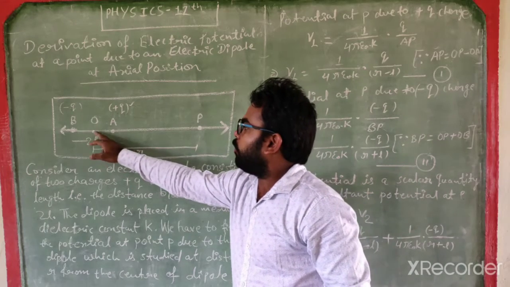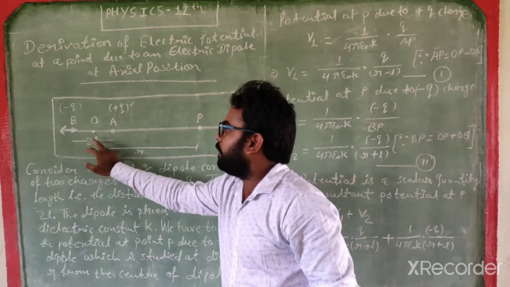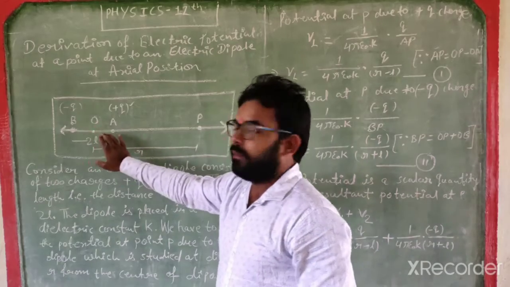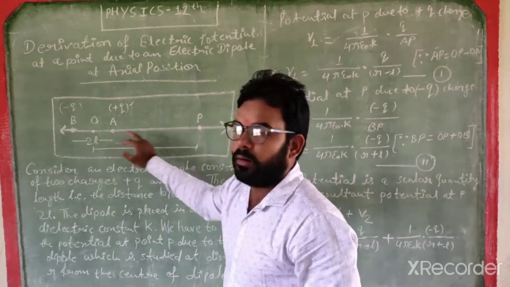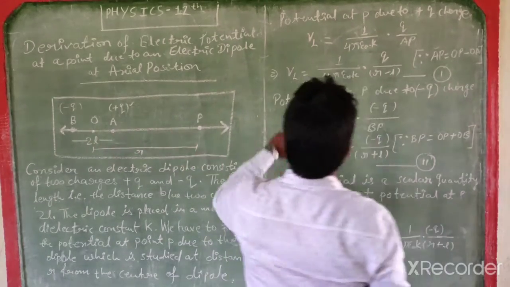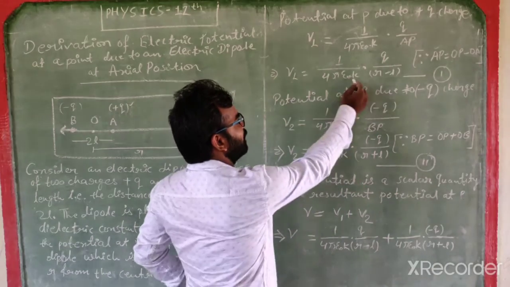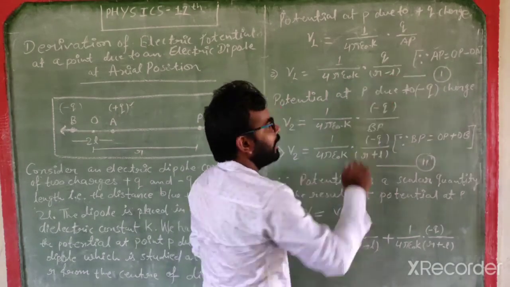Only OA, that means that is L. You know OA is L and OB is L. So R minus L becomes AP. So V1 is equal to 1 upon 4 pi epsilon naught K into Q by R minus L. It is equation number 1.